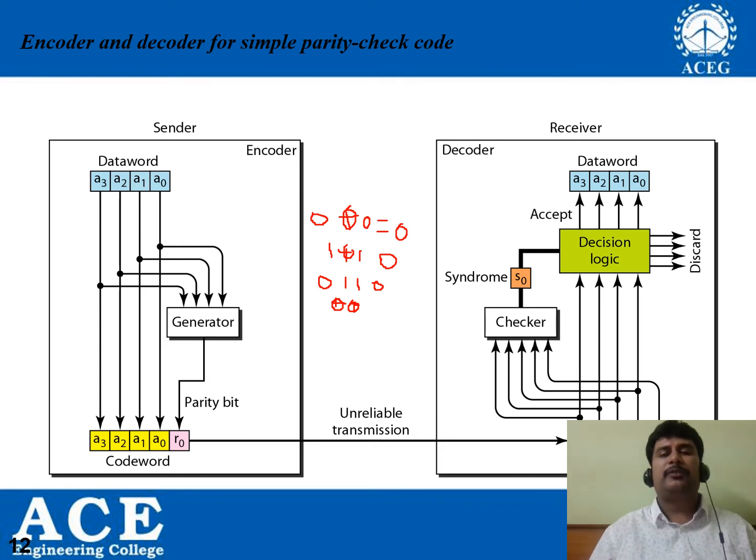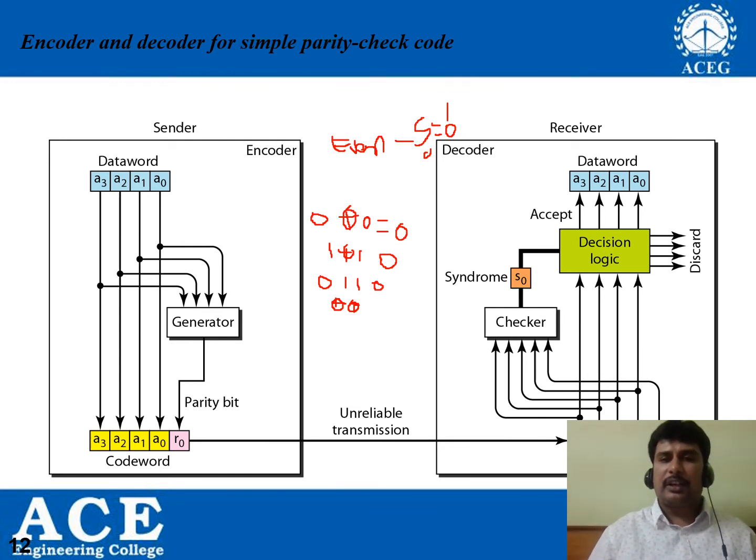Now if the total number of ones is even, for even parity the syndrome should be 0, and for odd parity the syndrome value should be 1.